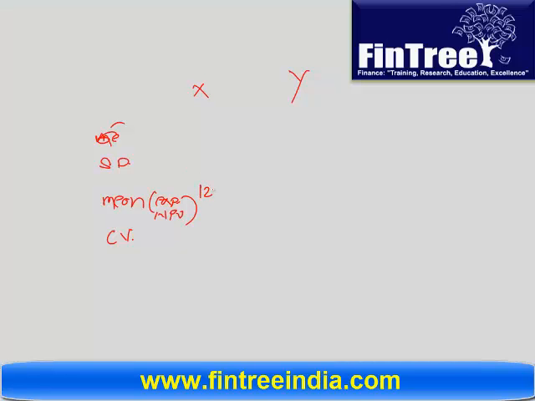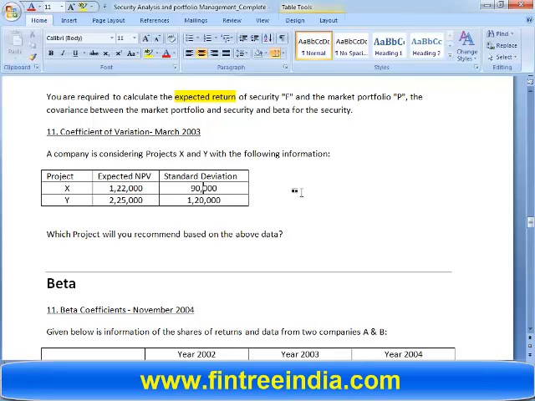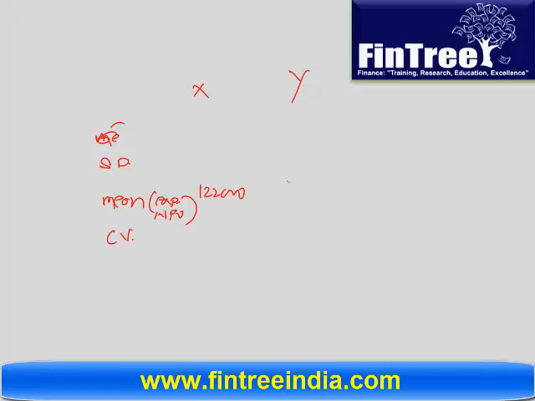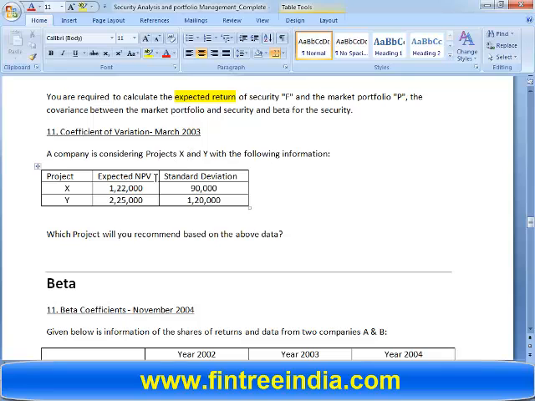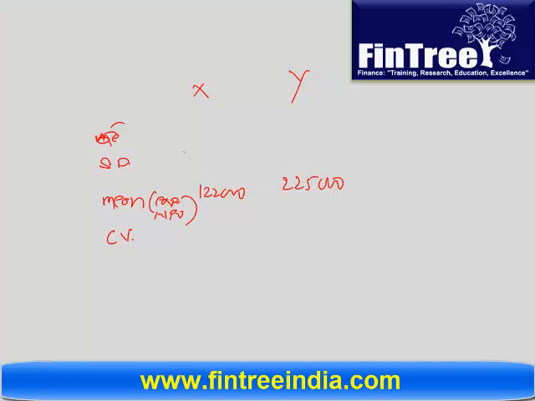Then how much? 1,22,000, 2,25,000, 90,000, 1,20,000. Call this as A, call this as B. This would be C, which is calculated as A divided by B. So 90 divided by 122 and 120 divided by 225. Up to 2 decimals should be sufficient.